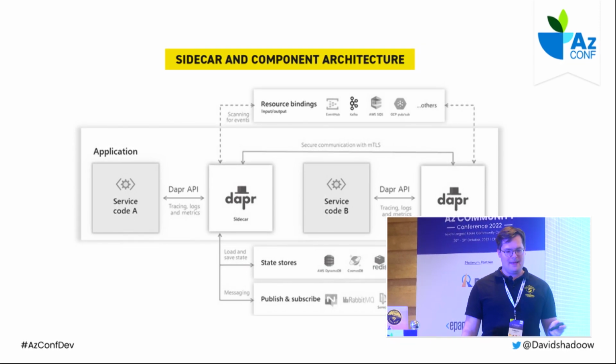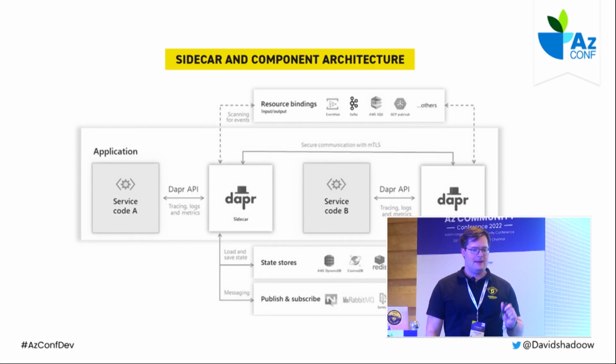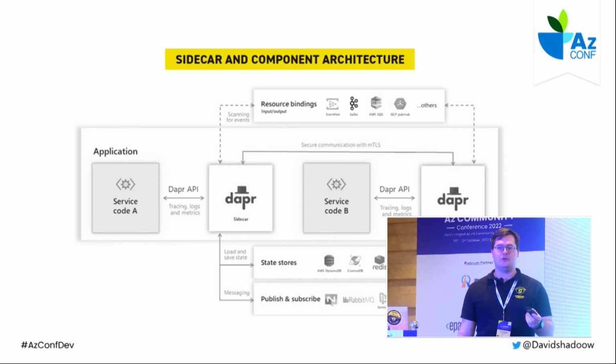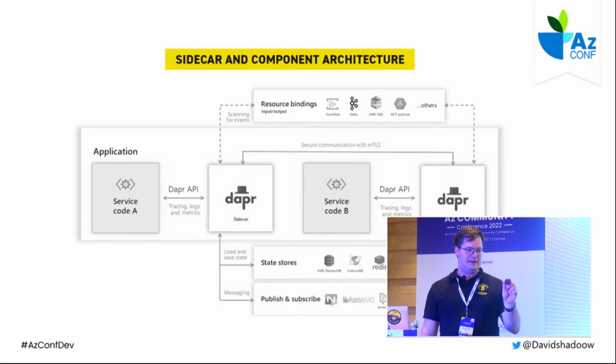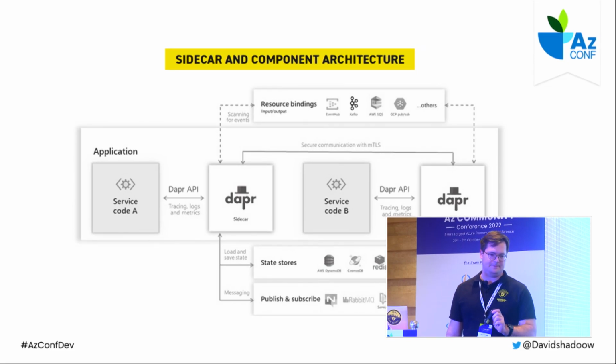It will put a message on the queue for the messaging component you configured, or it will get the secret from the secret component that you configured. And whenever your application container dies or exits the cluster, your sidecar automatically dies with it.